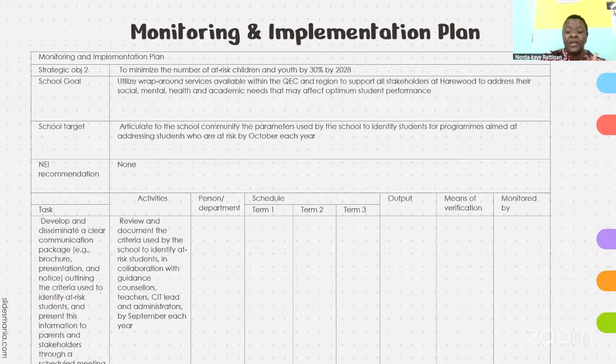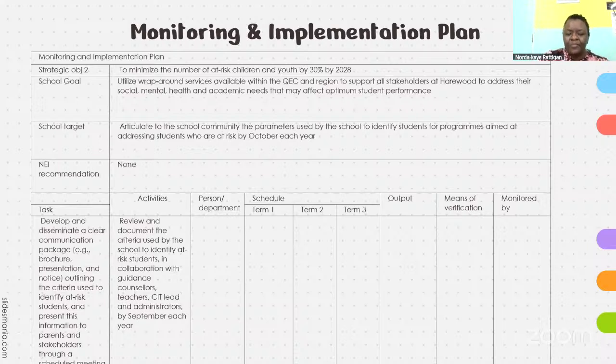Now, at-risk students are those students that we consider... you must have a benchmark in your school of what you consider at-risk students to be. So suppose where I work, students scoring under 50% are at risk academically. Students that display certain behaviors continuously are at risk socially in my environment. So you must have parameters in your school.